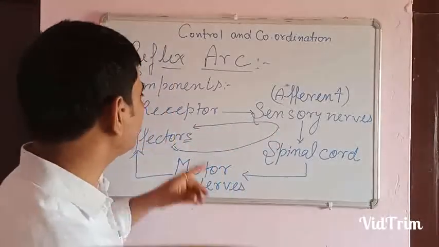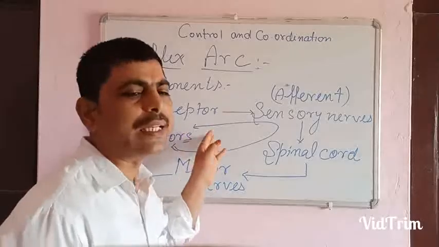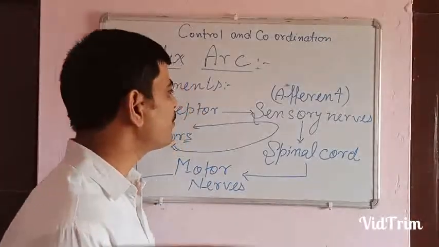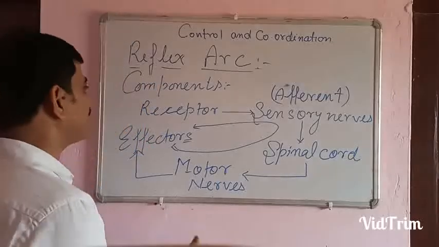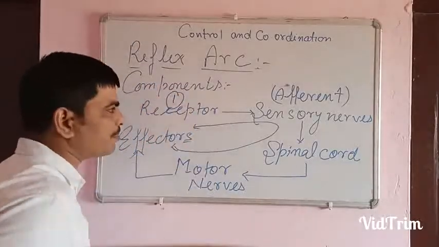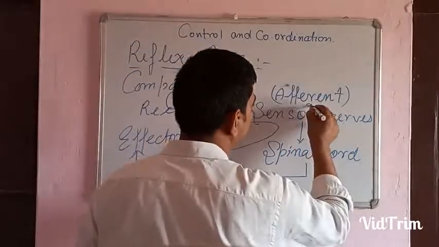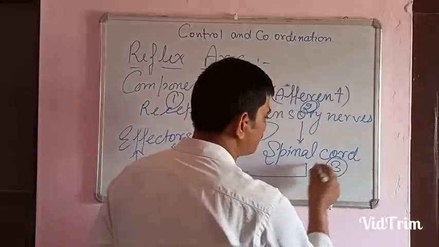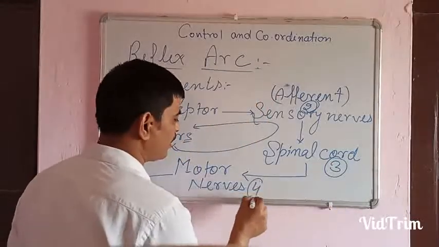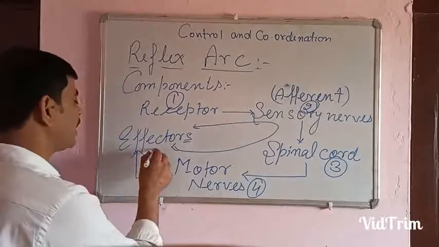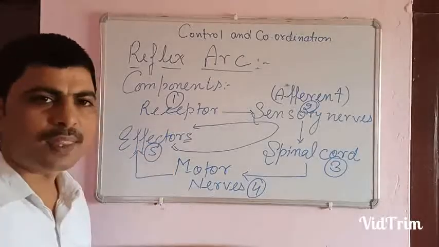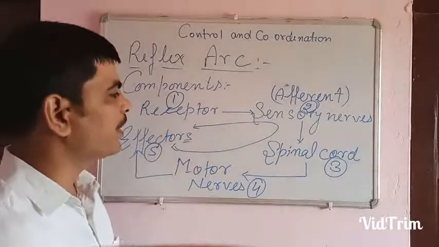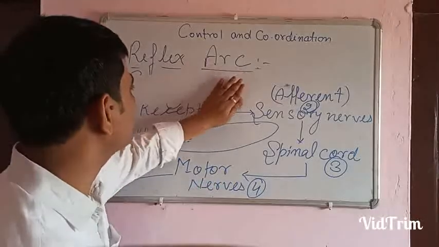The path followed by a reflex action is called a reflex arc. Five components are required: one is the receptor, second is the sensory nerves, third is the spinal cord, fourth is the motor neurons or nerves, and fifth is the effector muscles. So these are the five components through which the reflex action occurs.